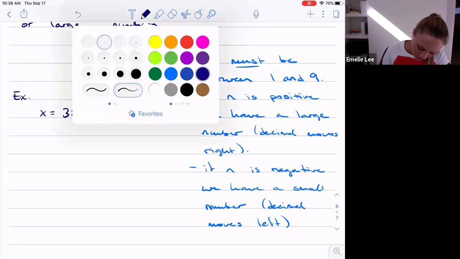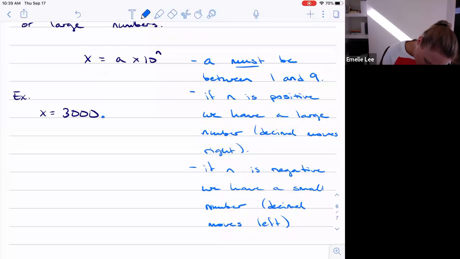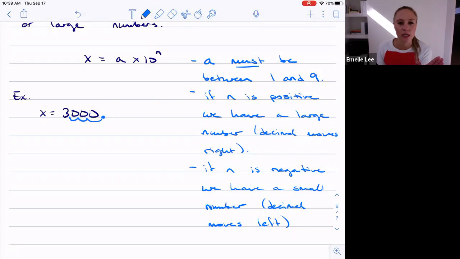What you do is you take this imaginary decimal here, and remember, we want to have a between 1 and 9.